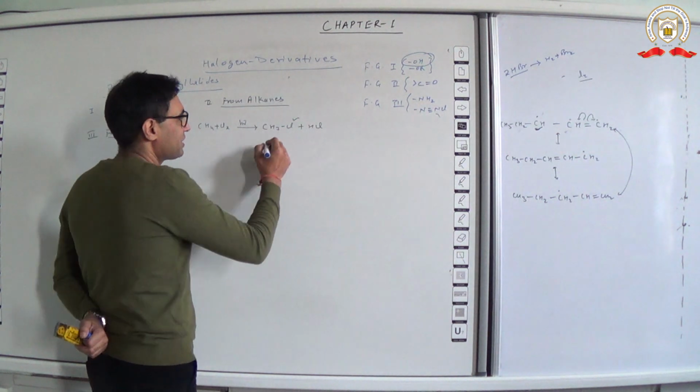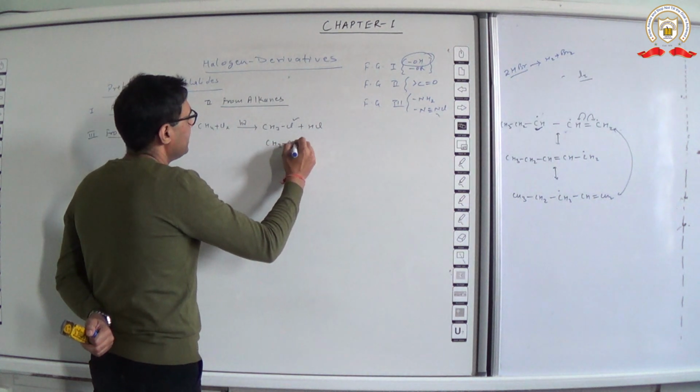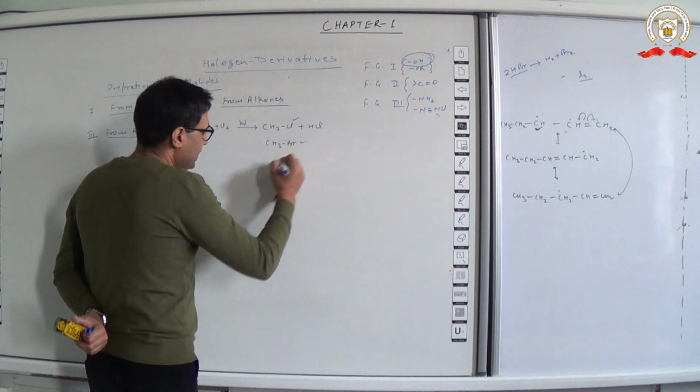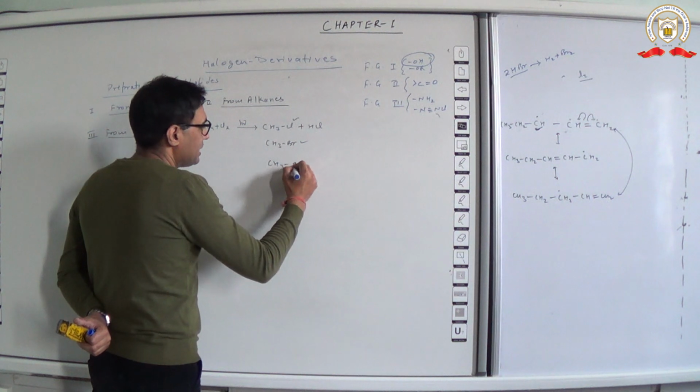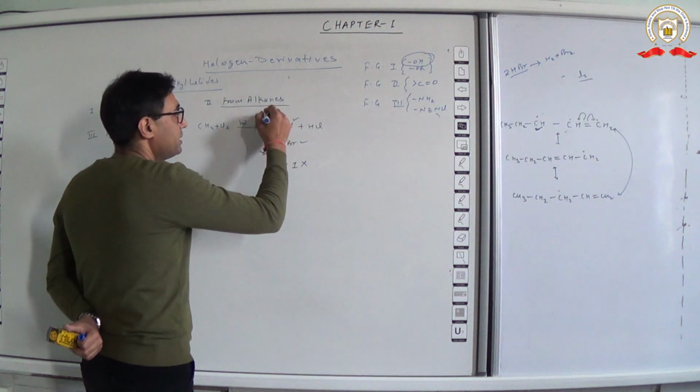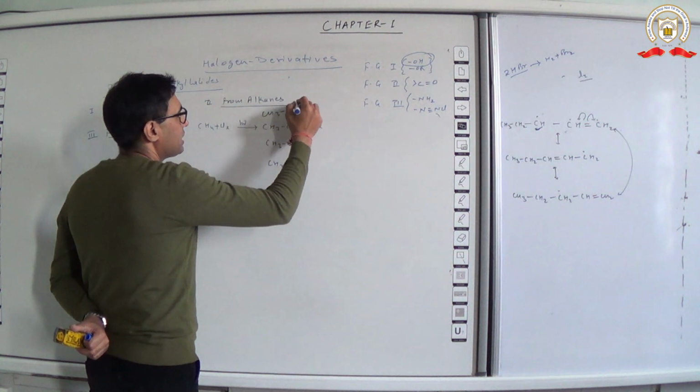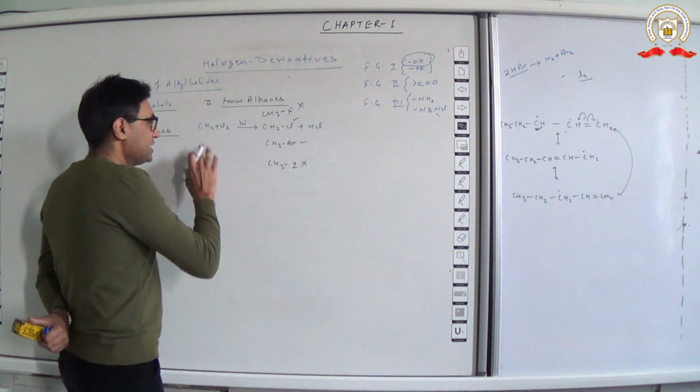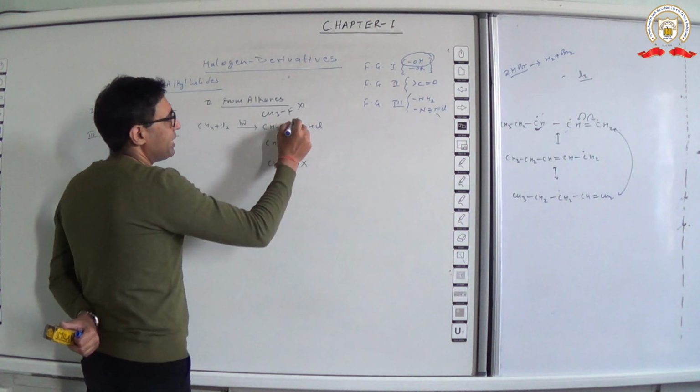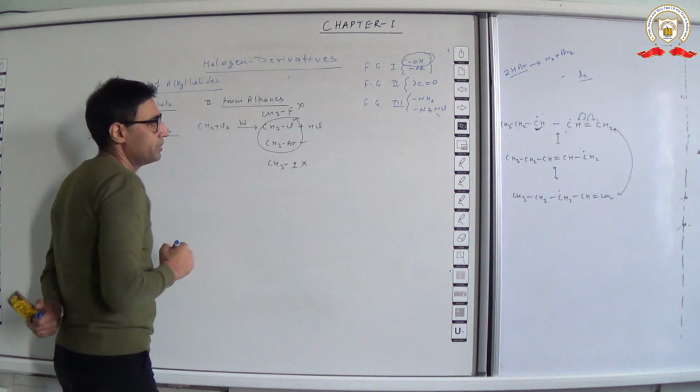It is slightly difficult to prepare alkyl bromide. It is very difficult to prepare alkyl iodide and also difficult to prepare alkyl chloride. So by this free radical substitution we generally prepare chloride and bromide.